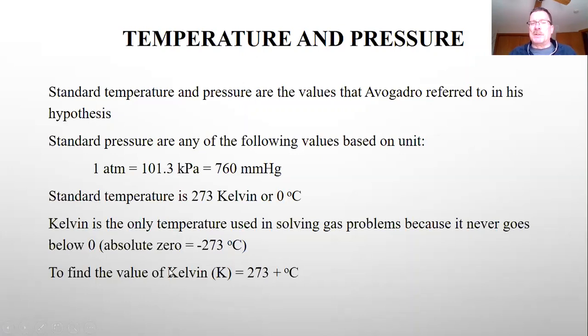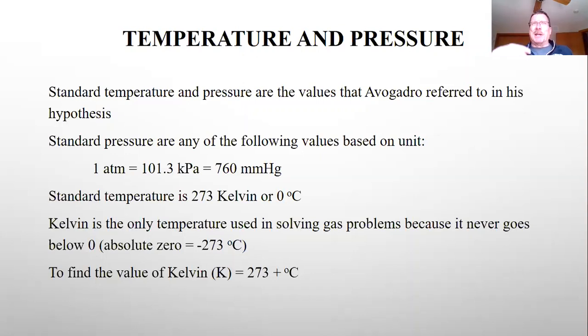Standard temperature is always 0 degrees Celsius, but we don't work in Celsius. And let me talk about temperature. You have Celsius, you have Fahrenheit, you have Kelvin. Fahrenheit is garbage, although God bless America, we still use it in the USA. Fahrenheit is garbage because there's no equal distance from 1 degree to the other.